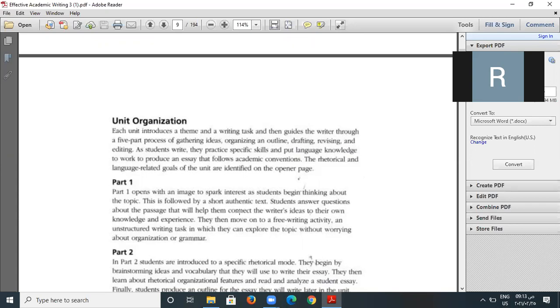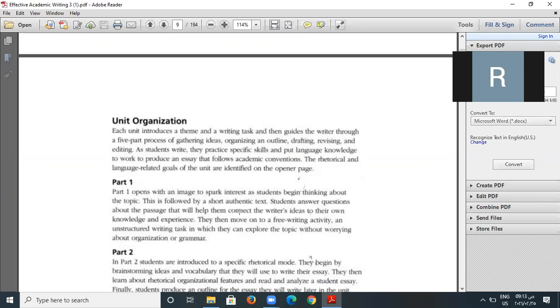When students answer the questions about the passage, the answers to these questions will help you connect the writer's ideas to your own knowledge and experience. يعني everybody has knowledge and experience. So the purpose or the goal is to make a connection between the ideas and your own knowledge and experience.